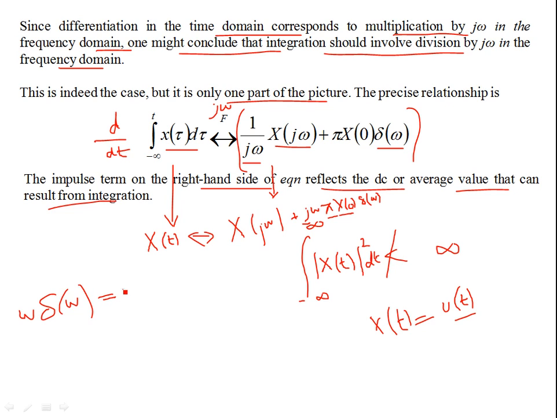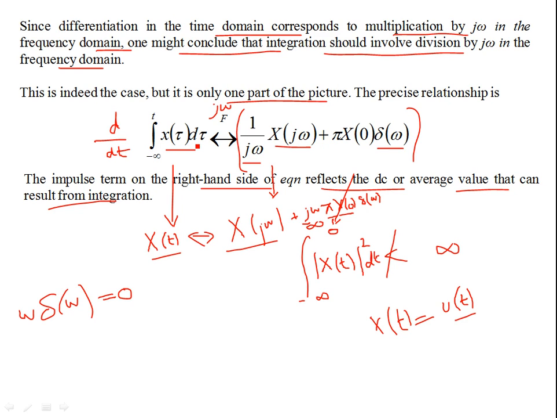And at 0, if you multiply this with 0, it's 0. So this whole thing goes to 0, and you're left with x(t) being Fourier paired with X(j omega), which is the consequence of taking the derivative. So this integration property holds valid.